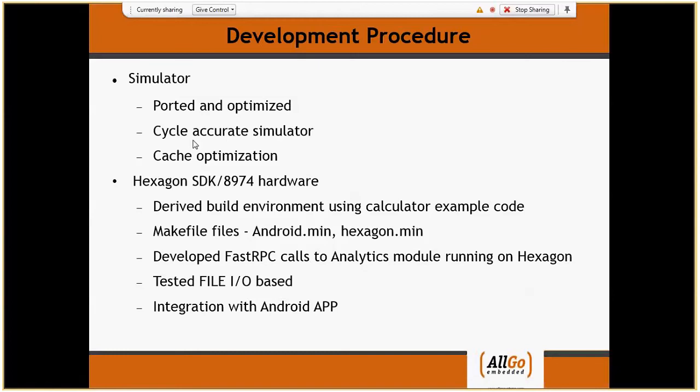Later we developed the FastRPC calls, so that the ARM is able to call the DSP modules which are running on the Hexagon.